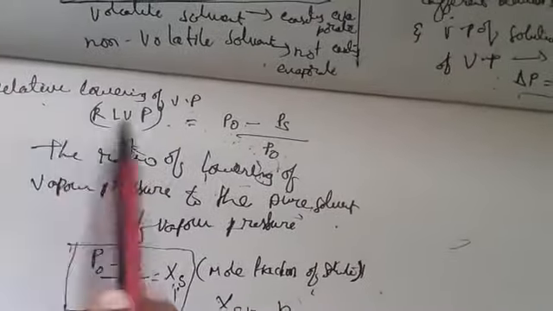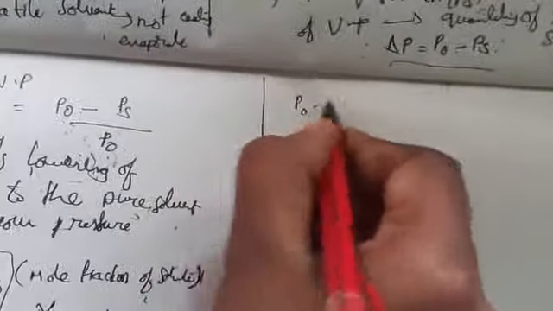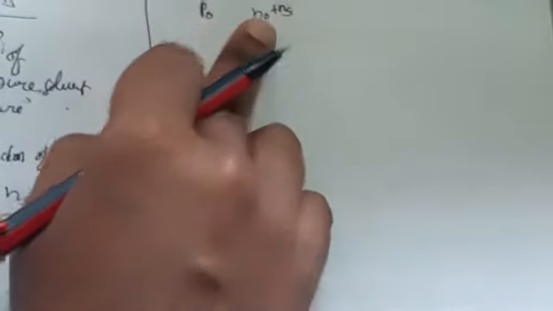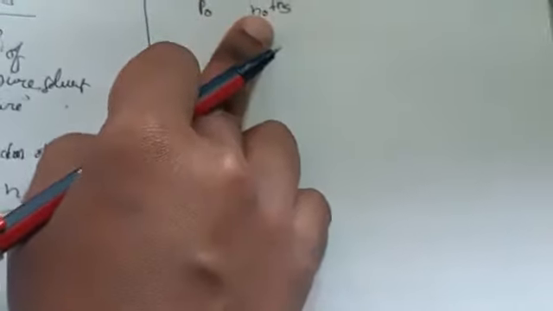So now coming to here, P naught minus Ps by P naught is equal to Ns by N naught plus Ns. Where small n indicates the number of moles of solute.